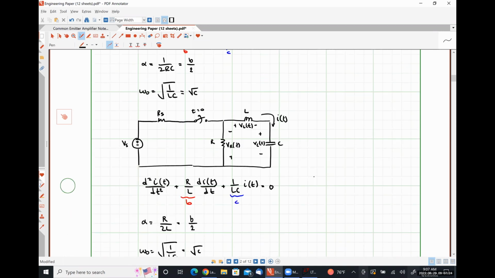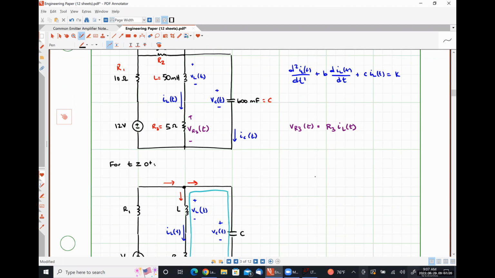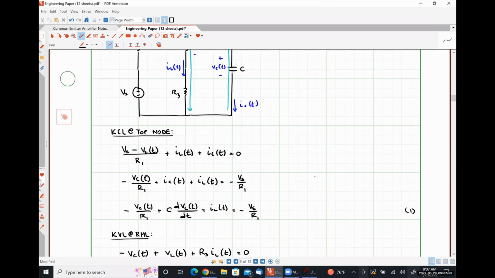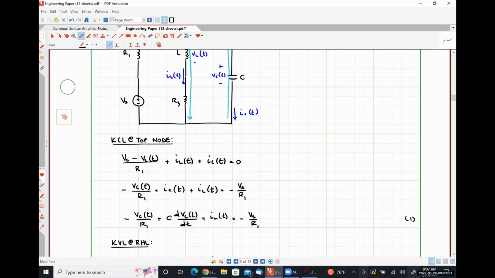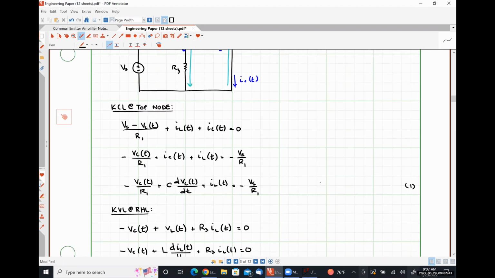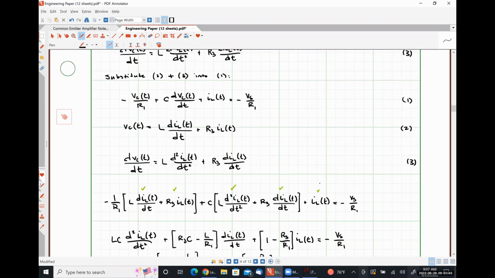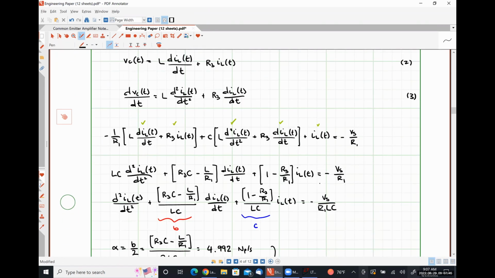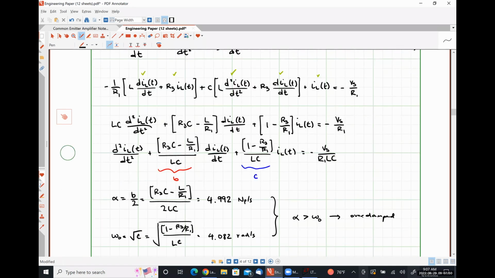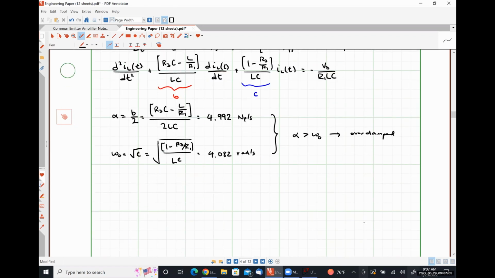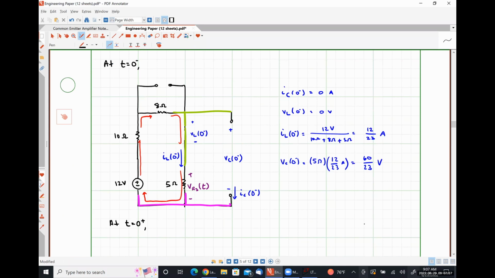We then derived a second order differential equation for our circuit of interest using Kirchhoff's current law, Kirchhoff's voltage law, and a little bit of algebra and calculus, and solved for alpha and omega naught. We noticed that since alpha was greater than omega naught, we had an overdamped circuit. And then from here, we simply carried out our normal steps.